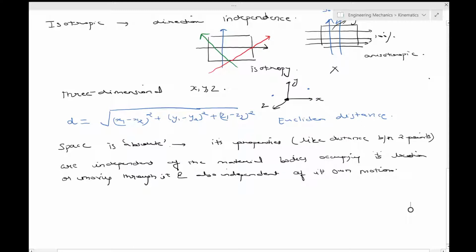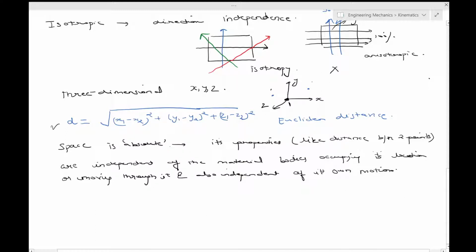between 2 points, but as you progress and learn more about the subject, you will find out that there are many more properties, but all of this will be true. It will be independent of the material bodies occupying its location. So this room which you have now, the corner is your origin. The bottom corner of this room is the origin. The distance between 2 points which have been marked over here and here is this.